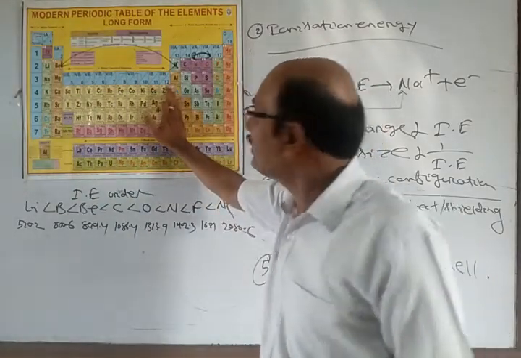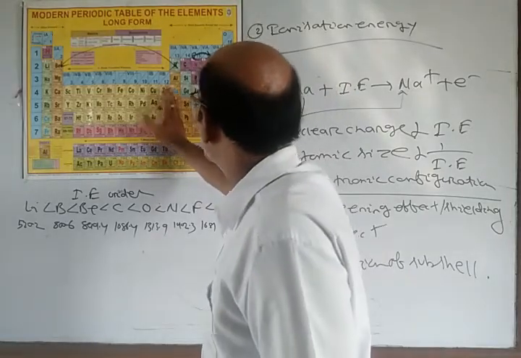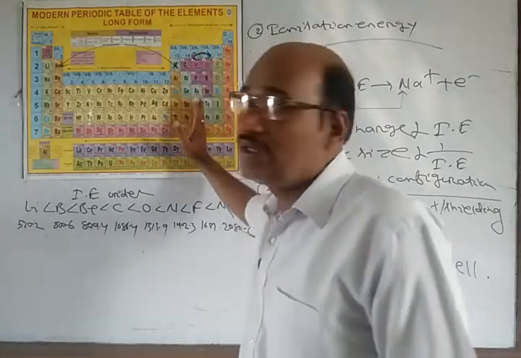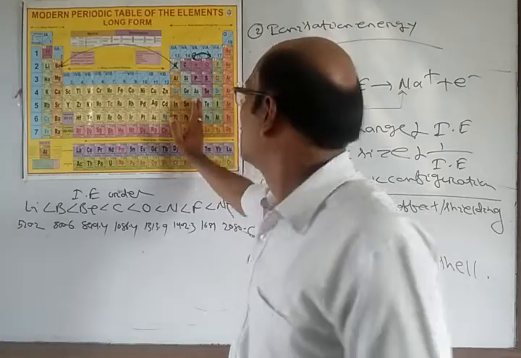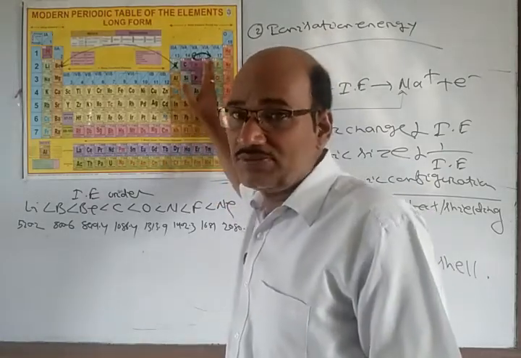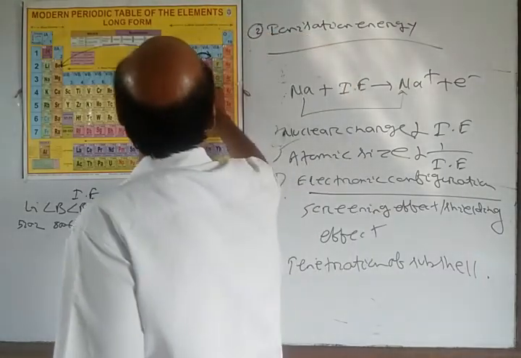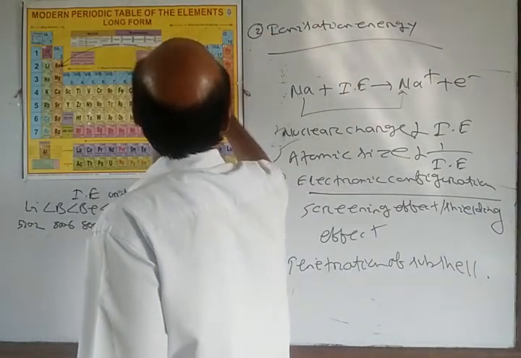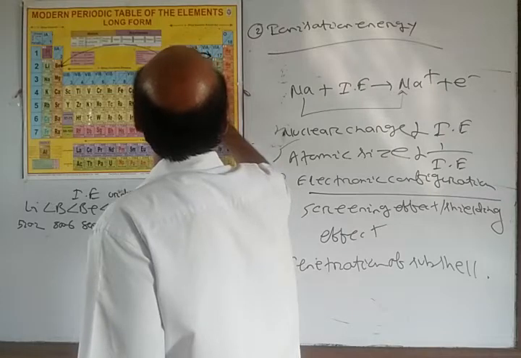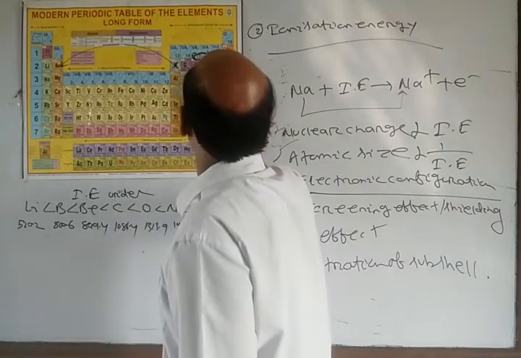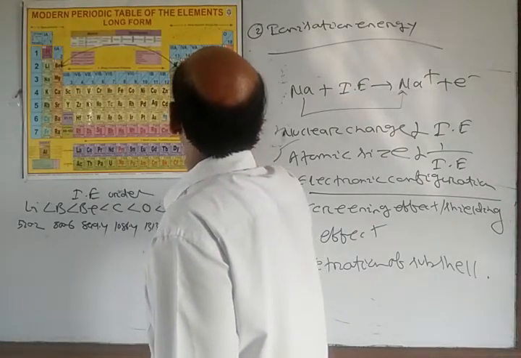Similarly, all the elements of group 15 will have higher ionization energy as compared to group 16. Okay. So already we have compared here. So nitrogen 1402, 1313, 1011, 999, 940.